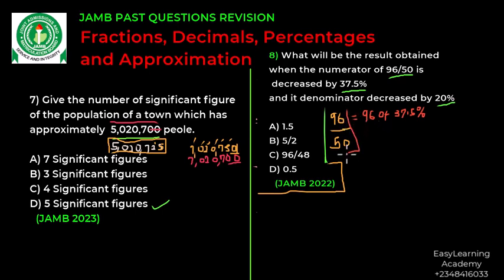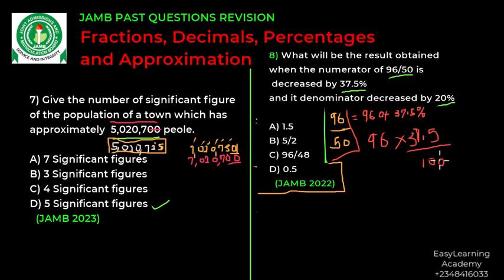This guy can remain here, so let's solve for the numerator first. So 96 of 37.5%, you just punch it in your calculator.